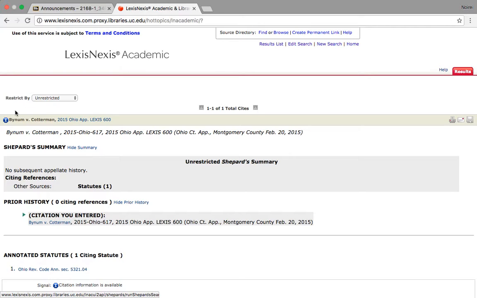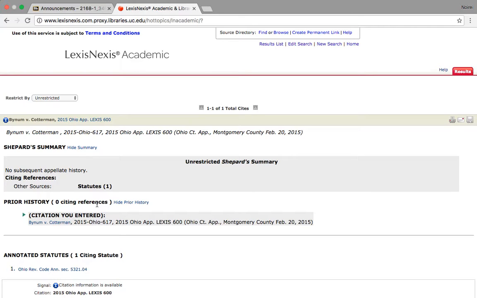Or they'll also provide other sources, if it's present in a law review article, if there is some type of ALR, there's a statute. And with the prior history, it's going to tell us about what took place procedurally at other levels in this particular case.